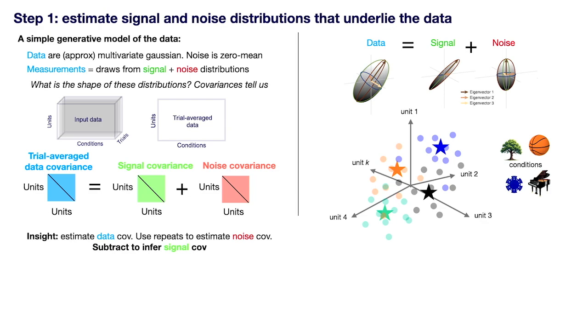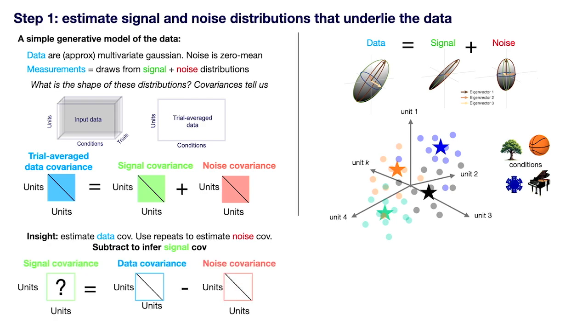The insight of our pipeline is that we can straightforwardly estimate the data covariance from our trial average measurements, and then we can use trial repetitions to estimate the noise covariance structure, which basically tells us how units go up and down together, wiggling around the means of their responses to the different conditions. And then we can subtract noise covariance from the data covariance to infer the structure of the signal covariance.